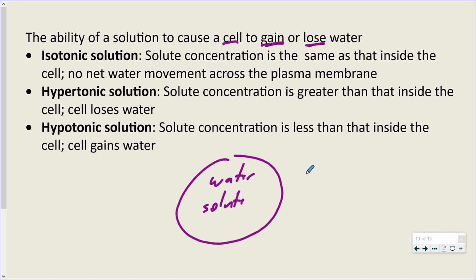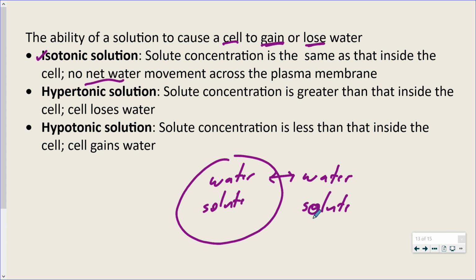So if you have on the outside of the cell water and the same amount of solute, then there's going to be no net movement of water. And that's what we call an isotonic solution. Yes, there will be some water that's moving in, but there also will be some water that's moving out, and it's going to be equal. There is no net movement of the water.